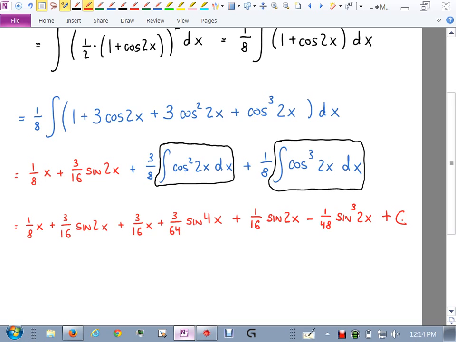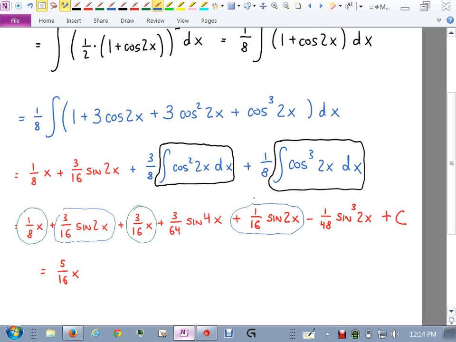There's more. There are some like terms here. We have 1/8 x plus 3/16 x, which is 5/16 x. And then we have some like terms here. We have a 3/16 sine 2x and a 1/16 sine 2x that we're adding together.